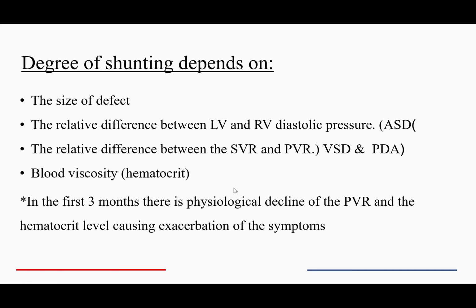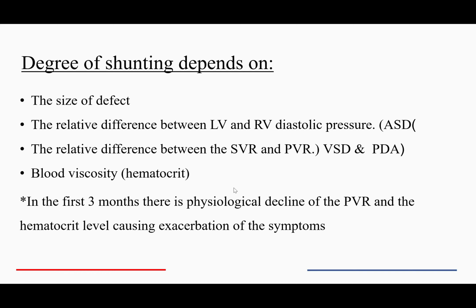But for lesions or shunts distal to the AV valves, like the VSD or the PDA, the relative difference between the systemic vascular resistance and the pulmonary vascular resistance determines the degree of shunting. The blood viscosity, hematocrit: the less the viscosity, the more the shunt. So if the blood is more liquid, it moves easily through the shunt.